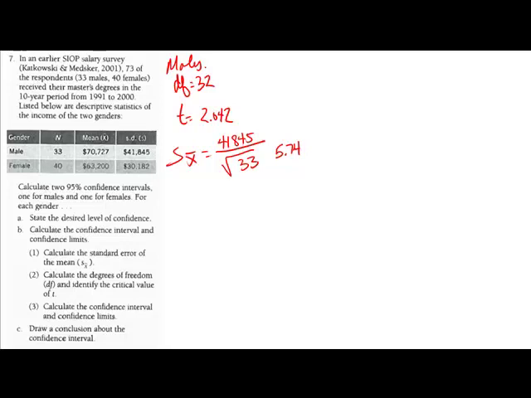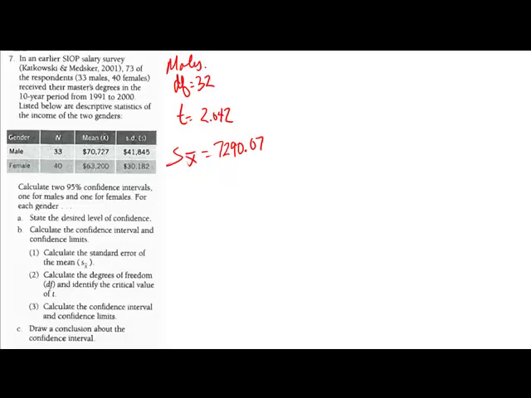That's 5.74. Okay. 41,845 divided by 5.74 equals 7290.07. If we want to get really specific.